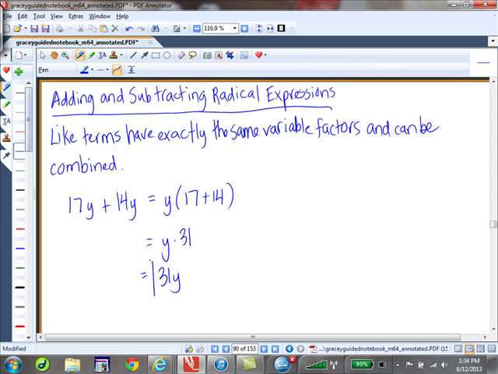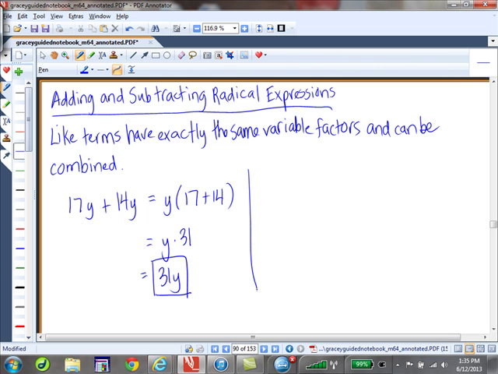Okay, so we looked at the variable. They each had a variable of y to the 1 power, and so therefore we were able to combine the coefficients. You haven't been doing this for a while, but this is why it works.